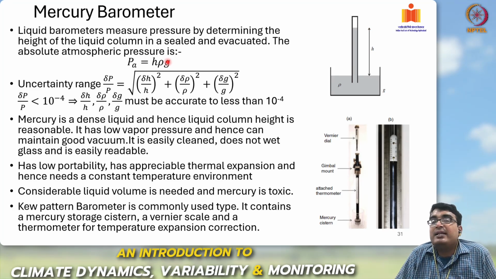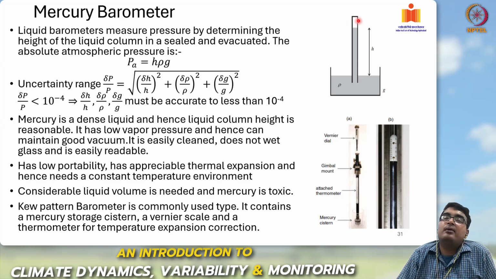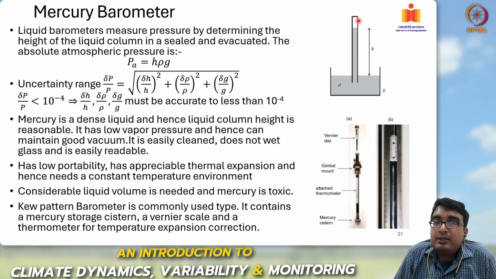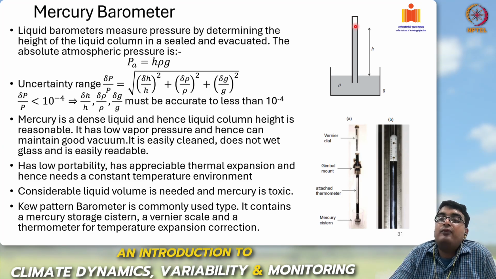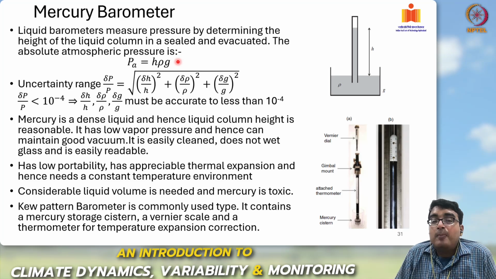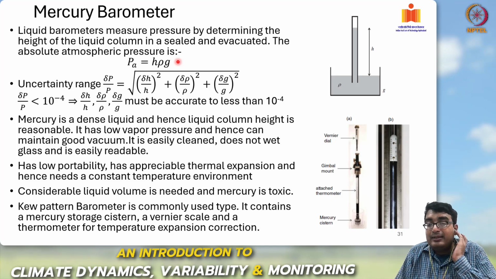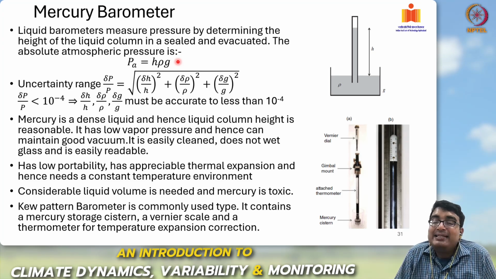If it had a very high vapor pressure, then this evacuated space would have the vapors of that liquid, which would have added additional pressure force at the top of this liquid column, which would be hard to properly account for. Also, mercury is easily cleaned, does not wet glass and is easily readable.